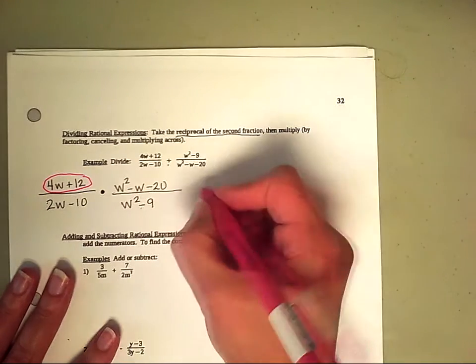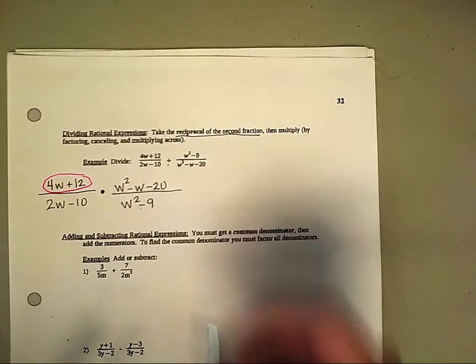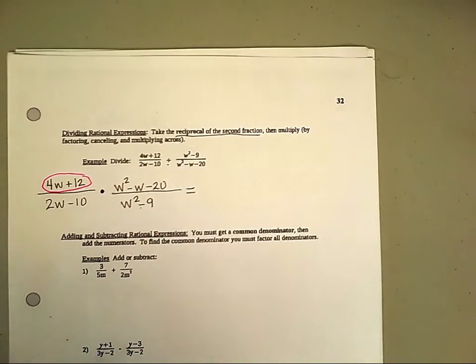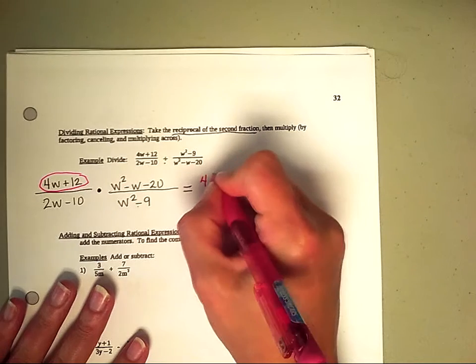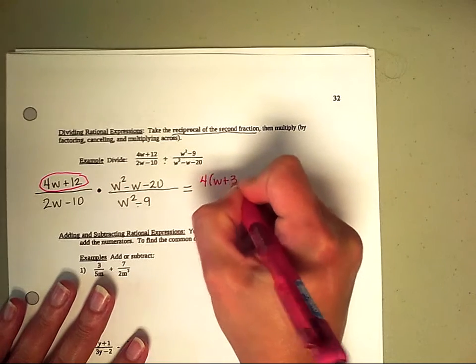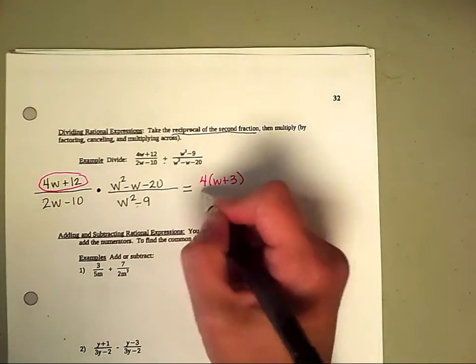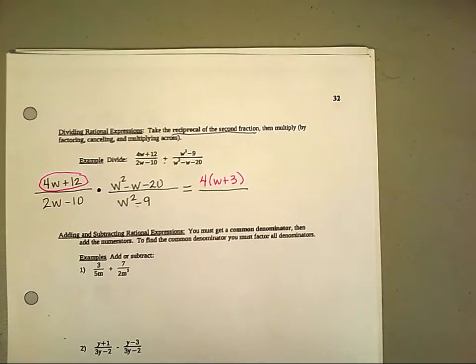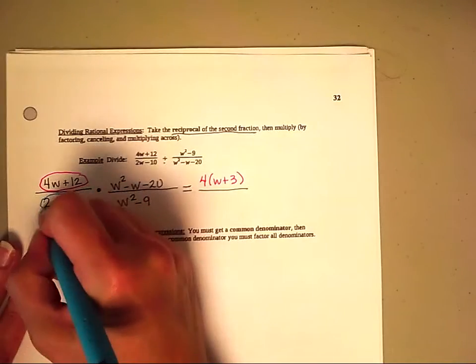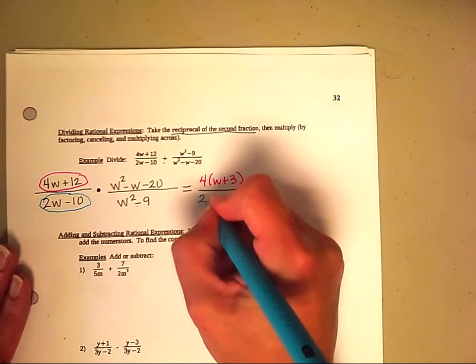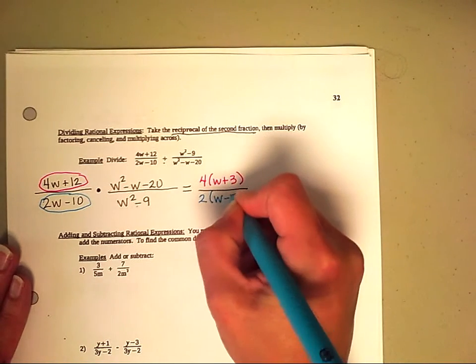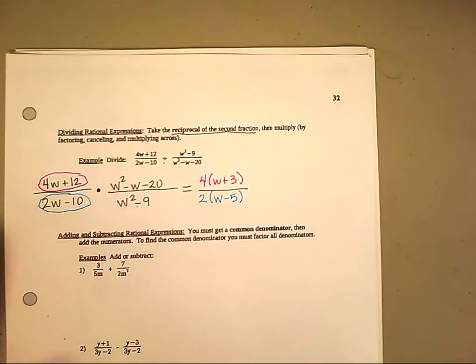So here I see that there's a greatest common factor of 4. And below, there's also a greatest common factor of 2, leaving behind w minus 5.